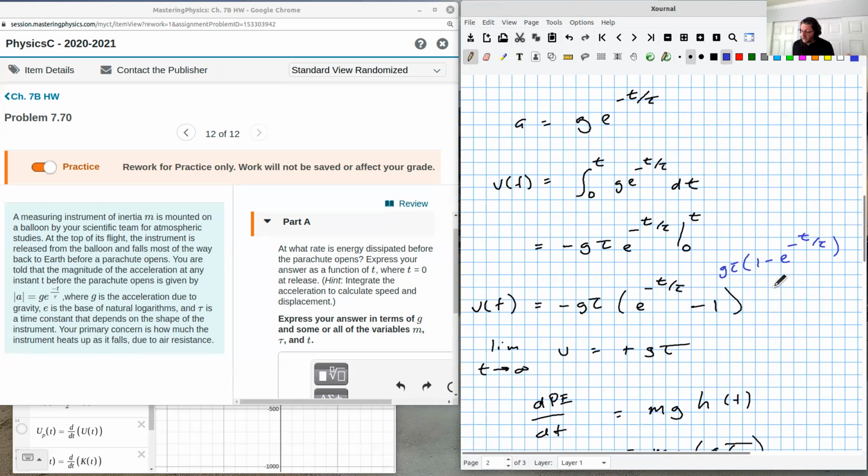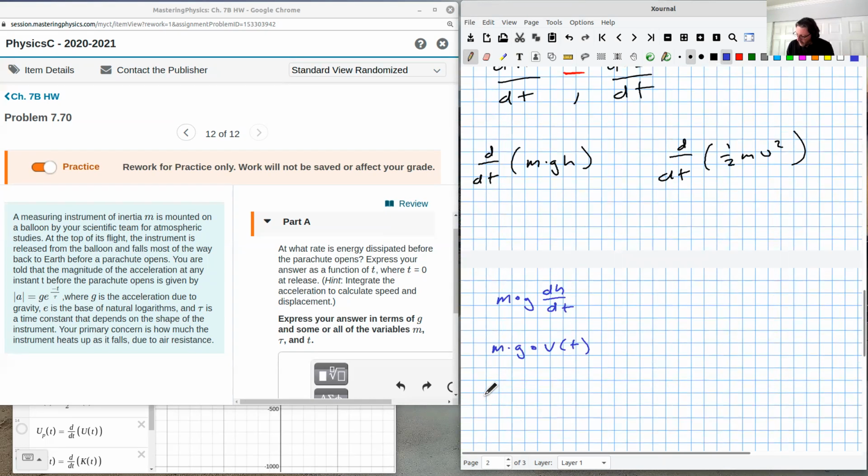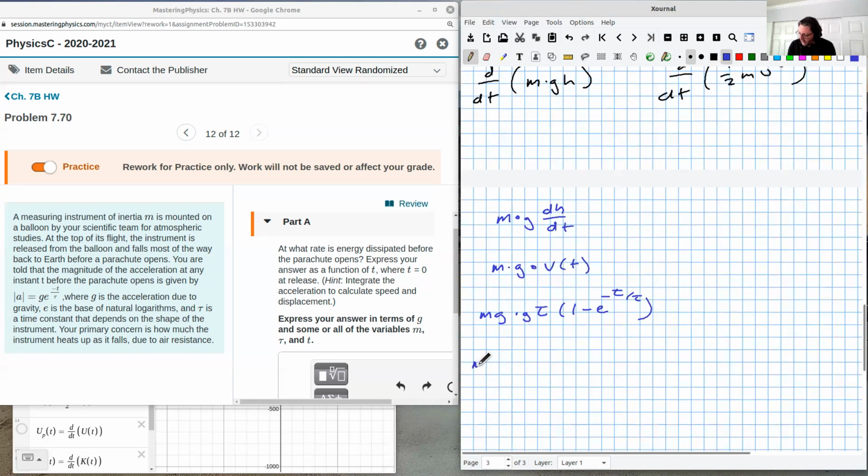That's how quickly the position is changing, so multiplying that by the mg, times g tau times 1 minus e to the minus t over tau, gives me mg squared tau times 1 minus e to the minus t over tau. That's how fast the potential energy is changing.